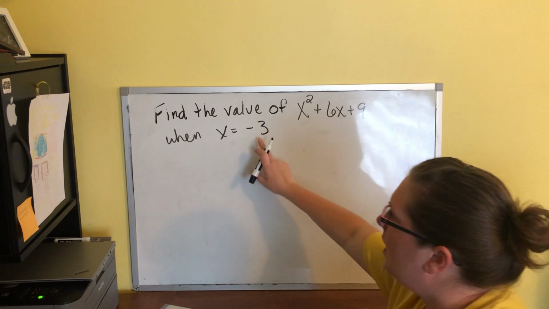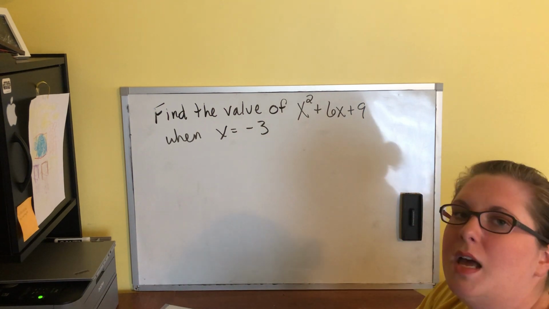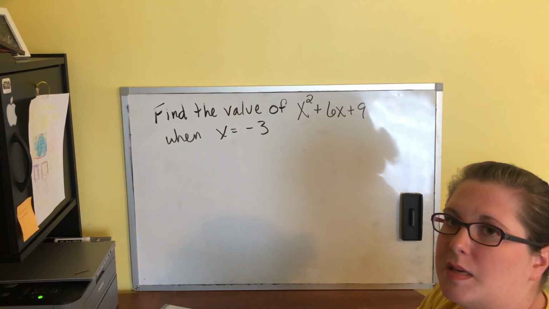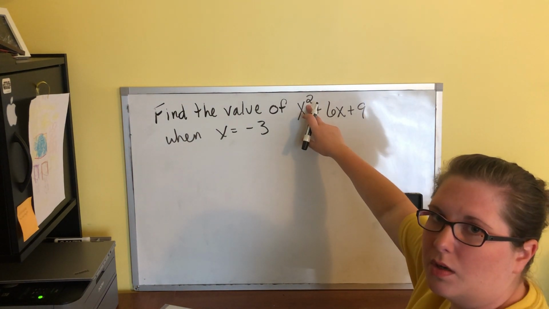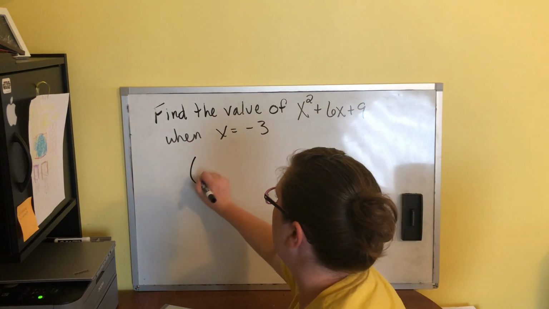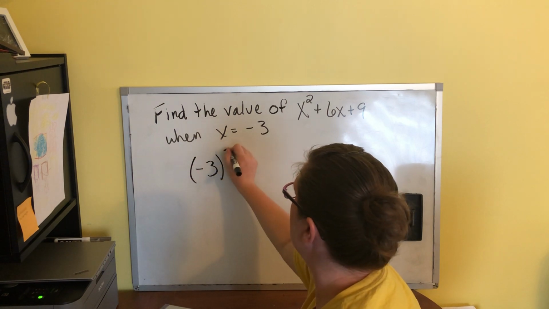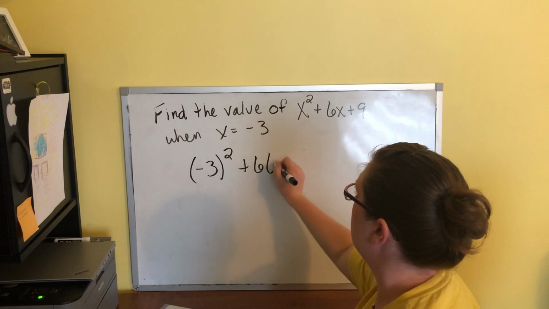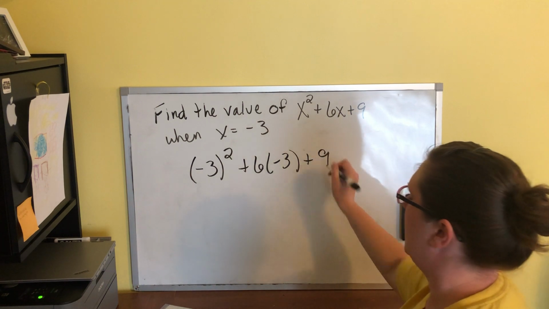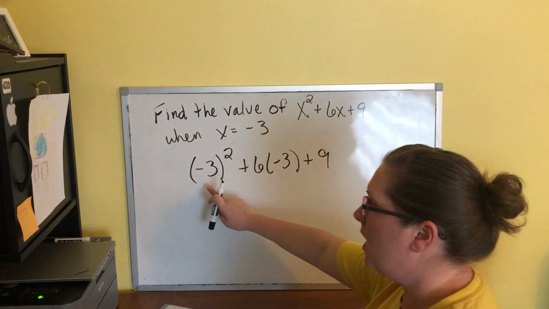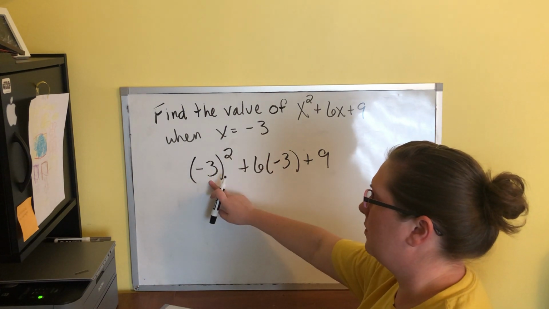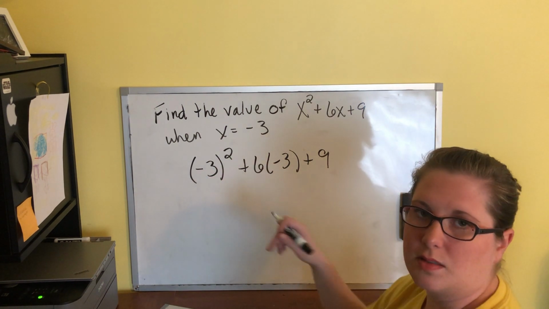I do this because we have a negative, and it's important to know if that negative is going to be included or not included. As you can see, we have a square going on, right? We have an exponent. So now I have negative 3 that's being squared, plus 6 times negative 3 plus 9 when I do that substitution. And as you can see, I put this in parentheses because that negative is with that 3. It's included and is also being squared.